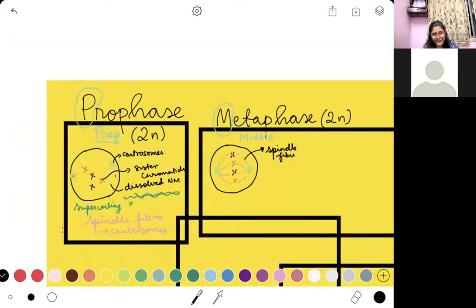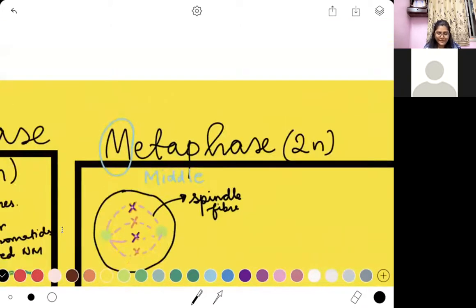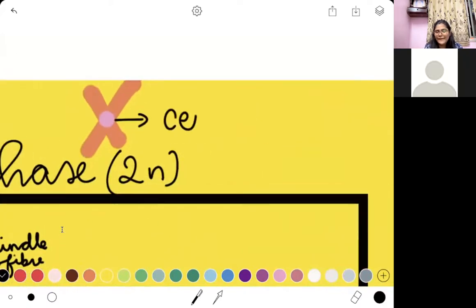You're going to have chromatids, you're going to have centrosomes. Each chromatid is going to have this central part over here. This is called the centromere. Mere stands for unit.